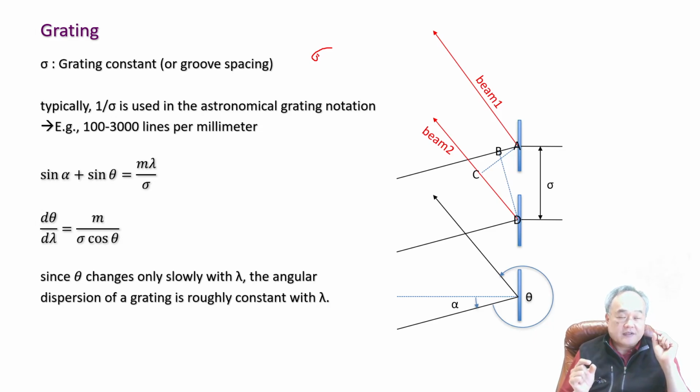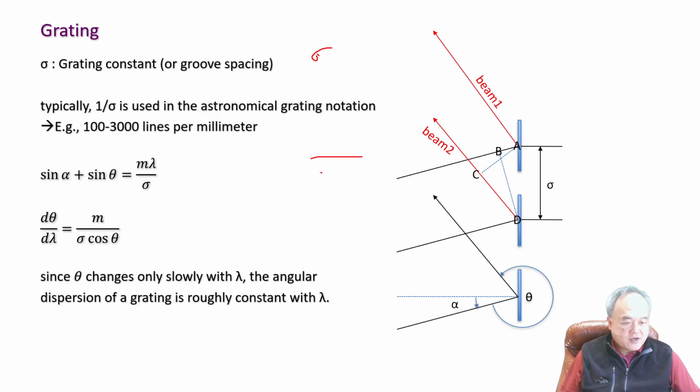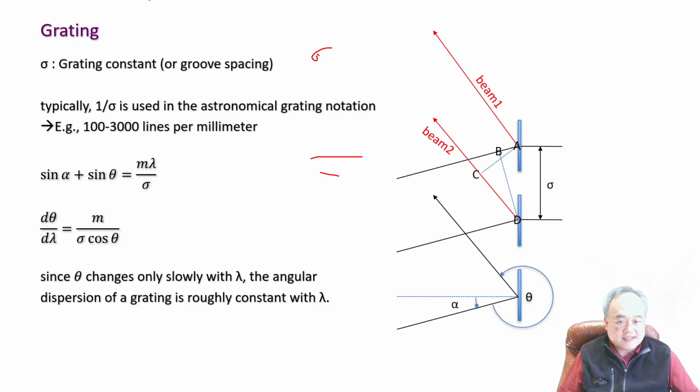So oftentimes in astronomy, the instrument builders use the inverse of the groove constant: instead of sigma itself, we use 1 over sigma, such as n number of grooves per millimeter, like a 100 lines per millimeter grating, or 300 lines per millimeter. The higher the grating number is, the smaller the sigma spacing it produces.